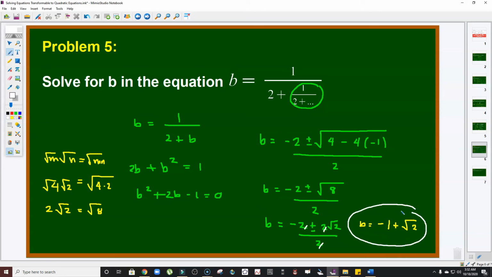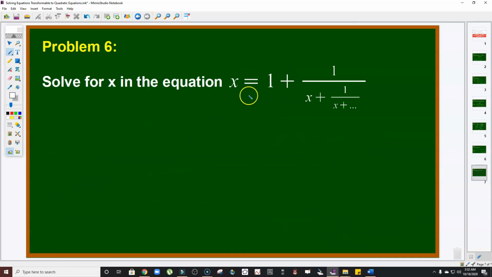Okay? There you go. Last item on this video. Solve for x in the equation x equals 1 plus 1 over x plus 1 over x plus and so on. Now, the trick is this. Let me rewrite it. X equals 1 plus 1 over x plus 1 over x plus and so on.